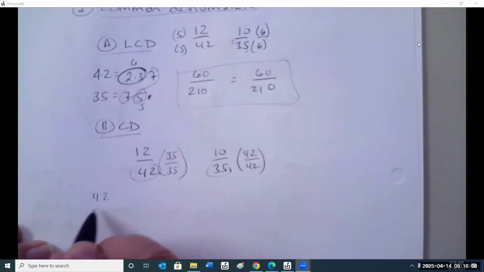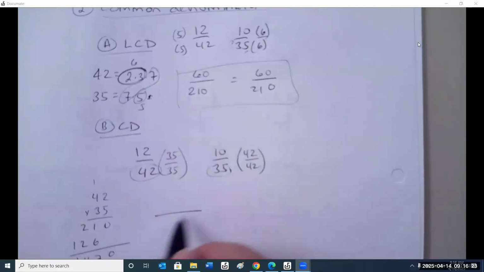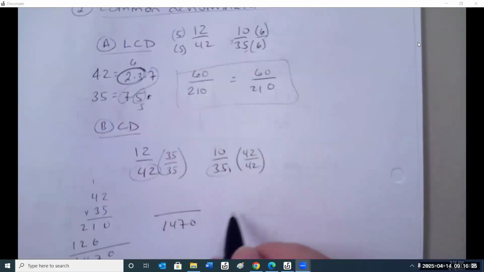So what is 42 times 35? 10. That's 21. 6 and 12. So this bottom number is 1470. This bottom number is 1470.